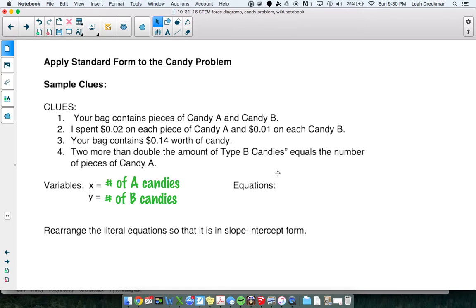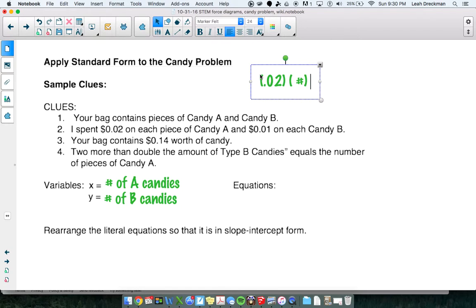Okay, so with equations, I can't remember which group did this on Friday, but one of them set up a strategy where they said, well, I knew that it was 2 cents for every A candy, so we just picked a number here.